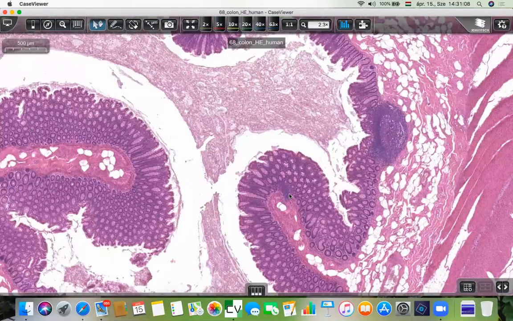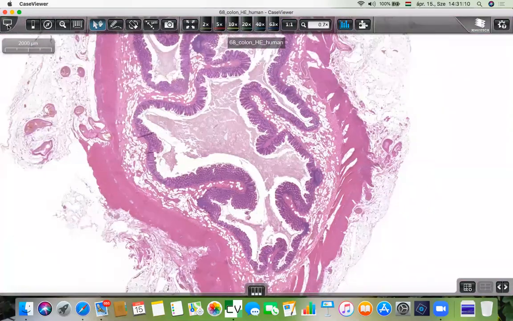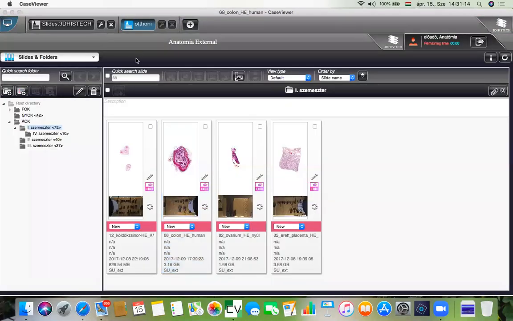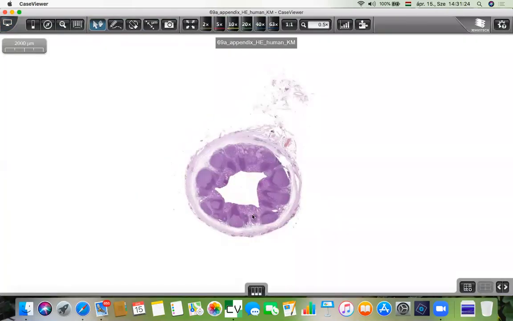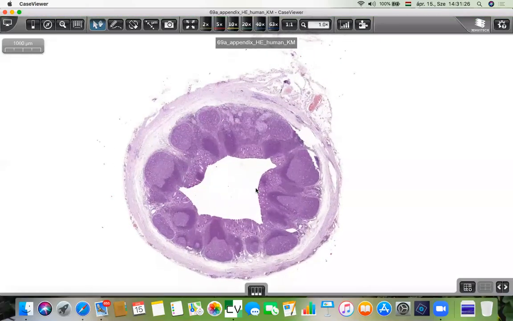Now that was the colon. Let's move on. Let's see the appendix. That's slide 69. The layers of the appendix are quite similar to the colon. Just the size is completely different because it's much smaller.